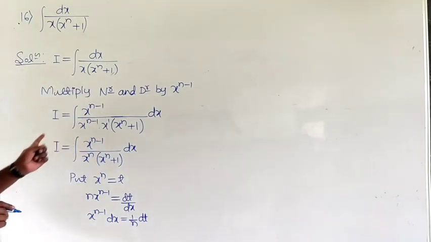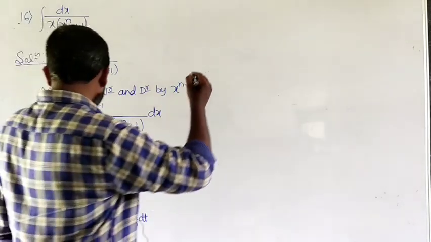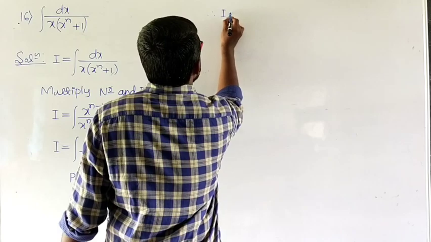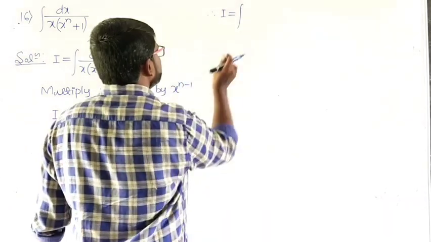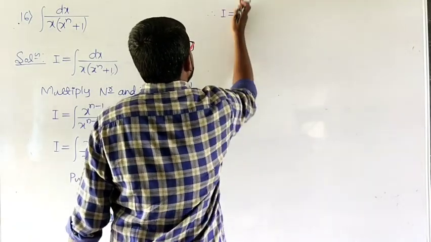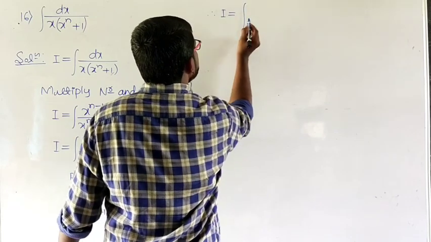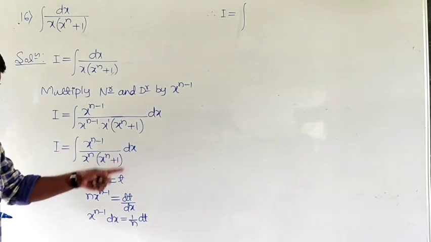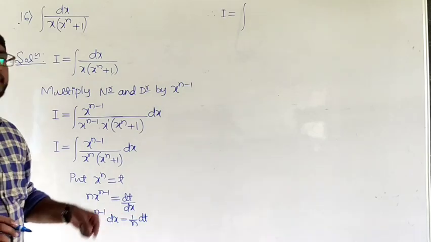So let us rewrite this integral now. Therefore I which is equals to integration, so see here x to the power n minus 1 dx is nothing but 1 by n dt.